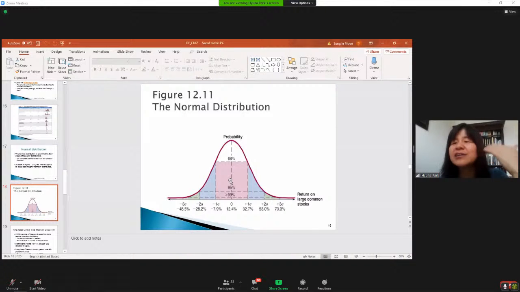So higher standard deviation, Target versus Walmart. When we evaluate the historical returns of Walmart and Target, for example, they look similar to the normal distribution, and higher standard deviation means this normal distribution bell shape is wider.